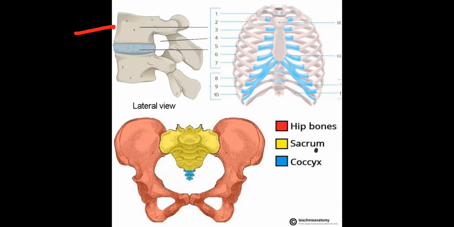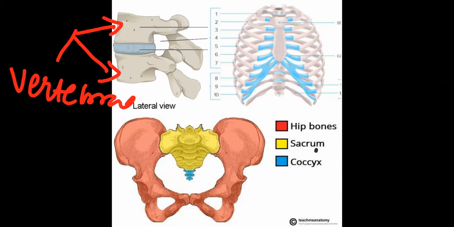Another one. These two centra belong to which bones, which structures? Vertebral column, vertebrae, isn't it? Plural is vertebrae. And between them, this structure which is present should be called as what?